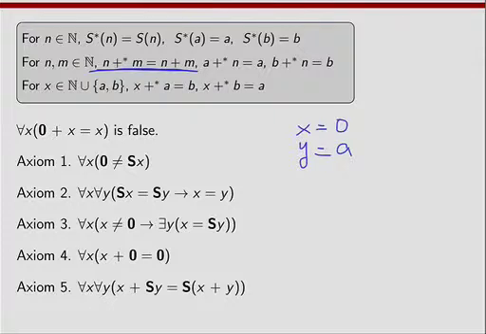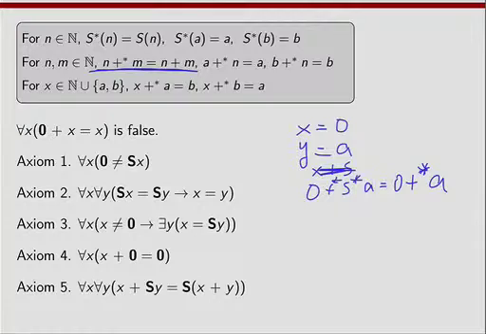So we can just run a simple calculation. We have x plus, this should be 0 plus successor star of a should be equal to, well, what is this going to be equal to? That's going to be 0 plus star of successor star of a, which is just a.